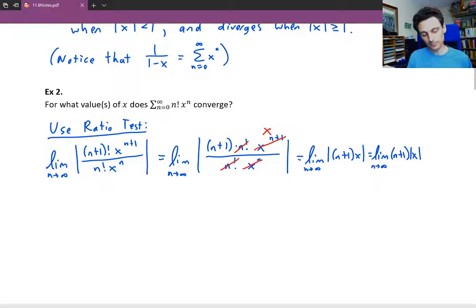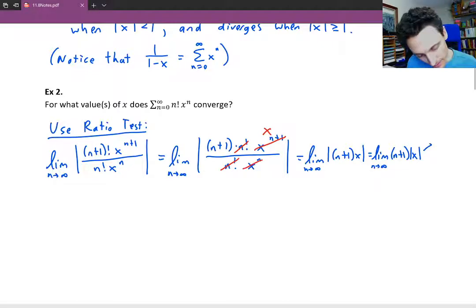Now, if we look at it, the only value of x where this limit would converge would be x equals 0. For any other x value, you're going to get n plus 1 times that number, and as n approaches infinity, that's going to blow up to infinity.